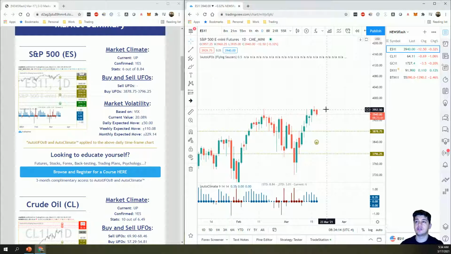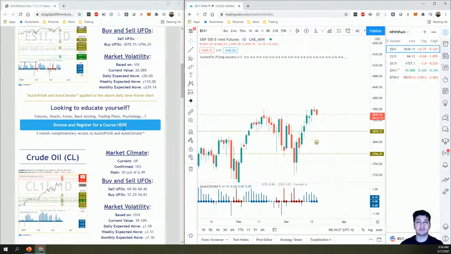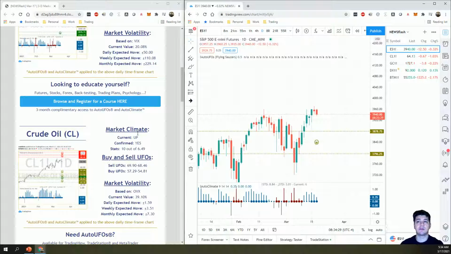So 39.36 to 39.60. No, we definitely haven't. So we still have some ways to go. Looking like quite the bullish start pre-market here. We're gonna see how things pan out for the rest of the day. That's that for the ES.